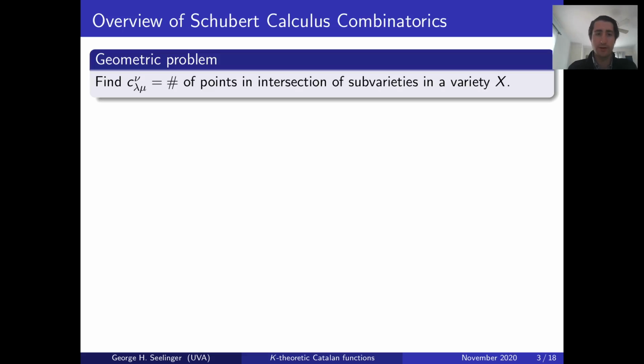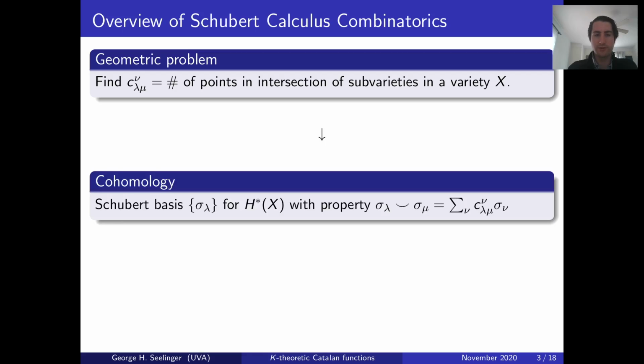So first, Schubert calculus. The general idea of Schubert calculus is that you want to find the number of points in an intersection of certain subvarieties in a variety X. However, this can often be translated into a question in cohomology, where you take the representatives for your subvarieties, and then the cup product structure will give you the structure constants that precisely correspond to the number of points in this intersection.